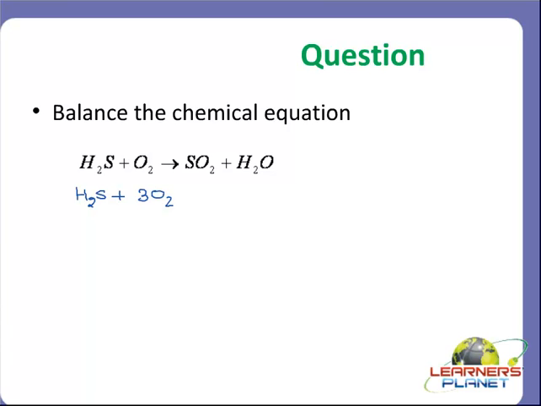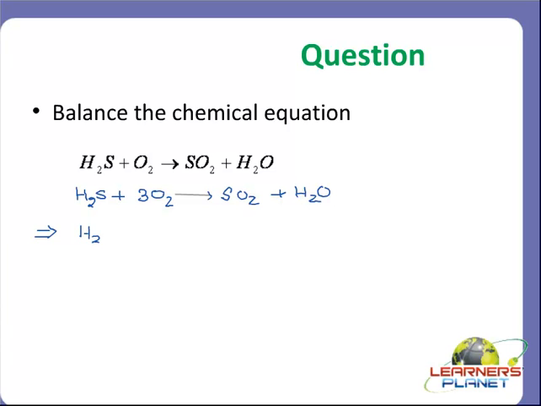How many oxygens are present on the LHS? It is 6. And on this side, SO2 plus H2O, it is 2 plus 1, 3. Now if I make this 2, what will happen? Let's write another equation with the coefficient in front of SO2.